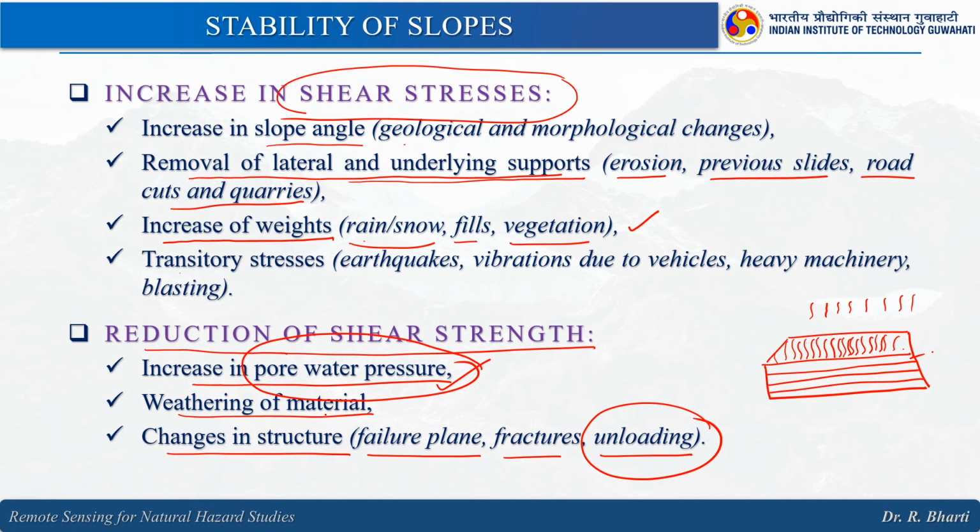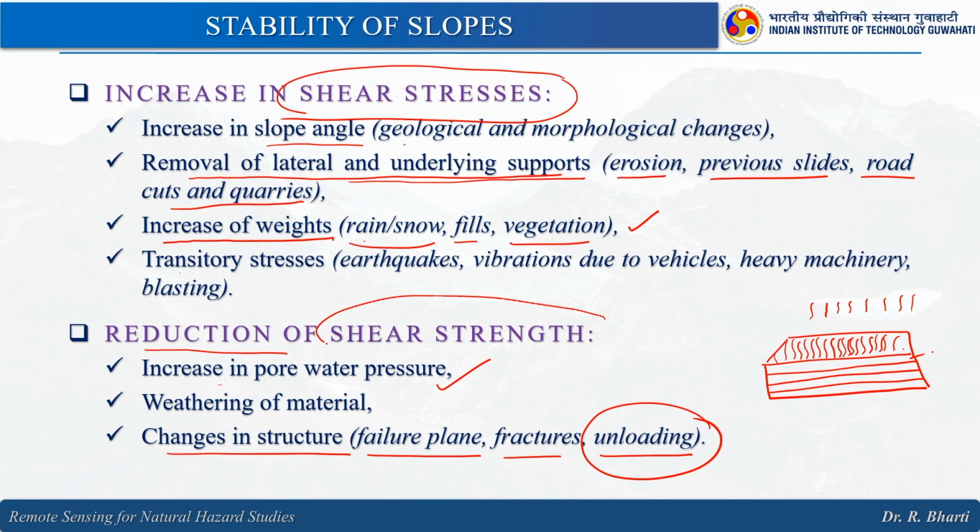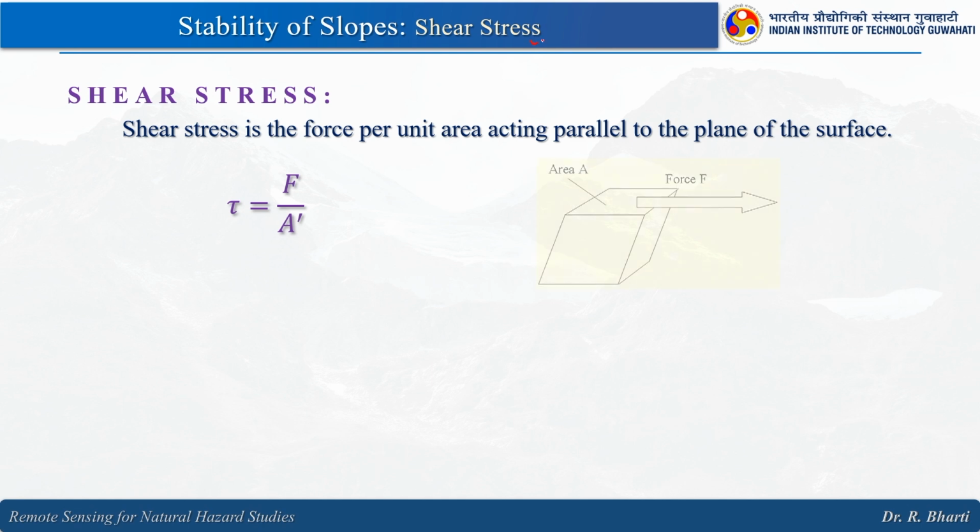So, increase in the pore water pressure will reduce the shear strength of the material. That is one of the very important parameters which is shifting the shear strength from a stable to unstable regime.